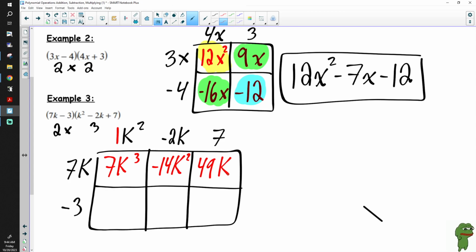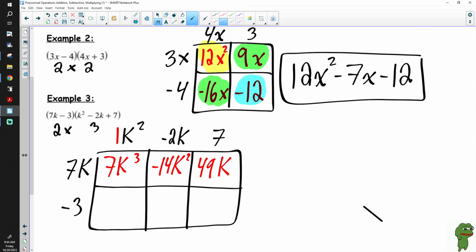So you add together, that would be next.